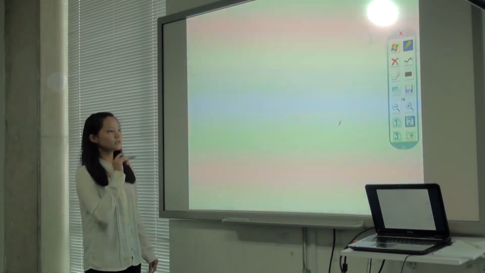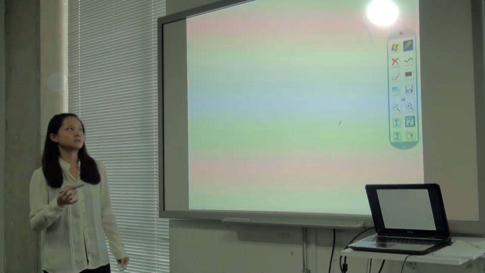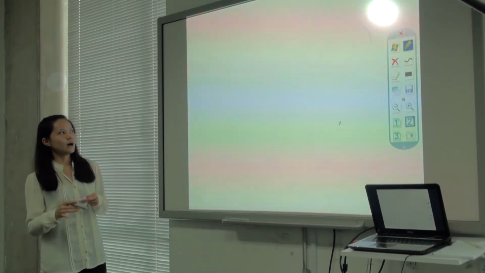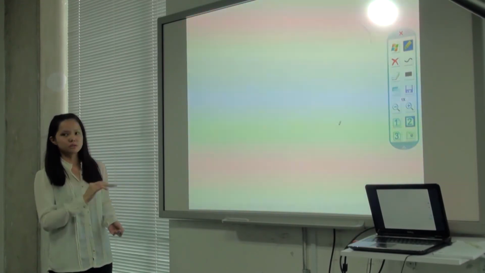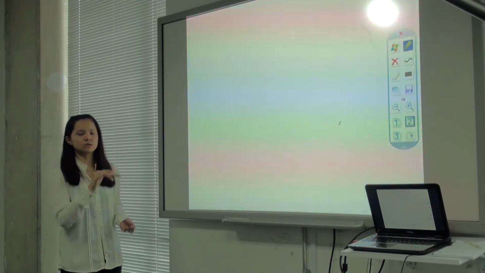So my idea is a tent that is responsive to danger and provides a certain level of protection to the user.